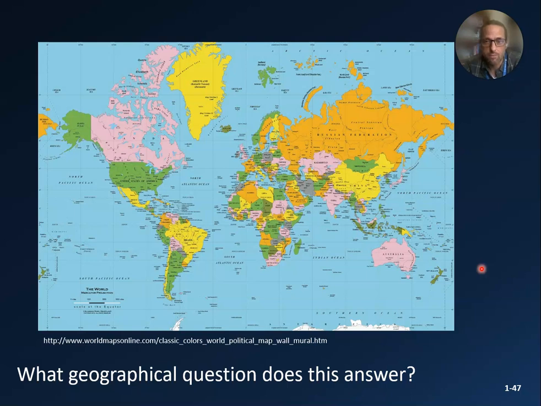Now, in this case, what's interesting is this is called a transmercator projection, and it does not answer the question of which countries are bigger than other countries, because we'll talk about this later when we talk about projections. The only accurate representation of area is really near the equator, down here. The equator is hard to see here. There's the 0 line. So these are about the right size.